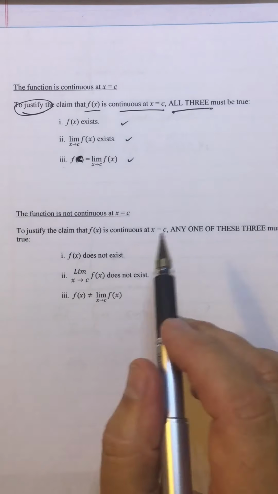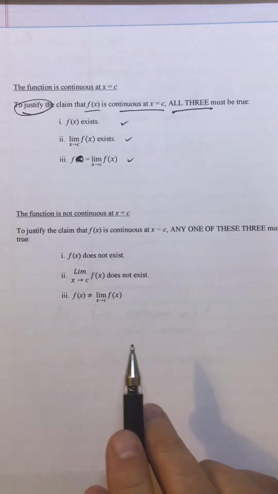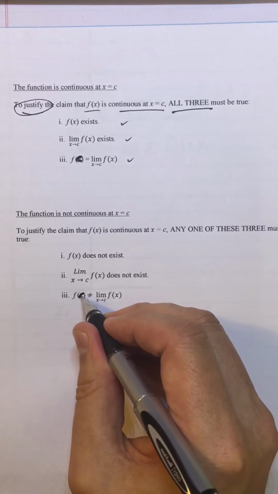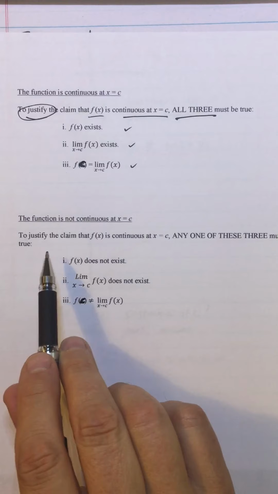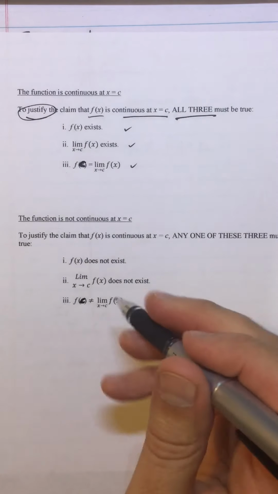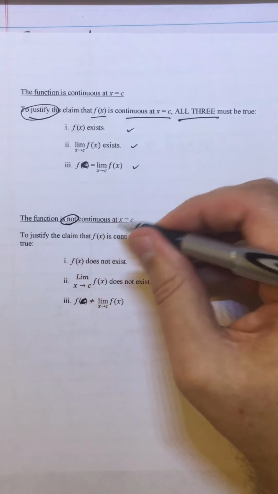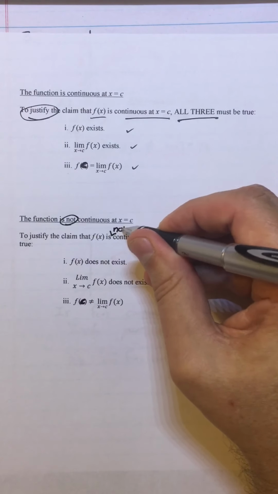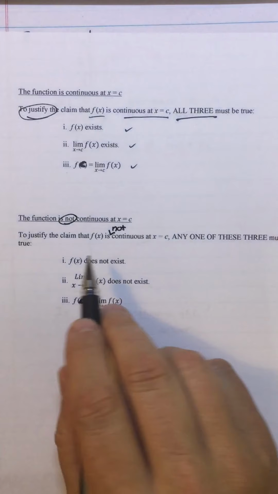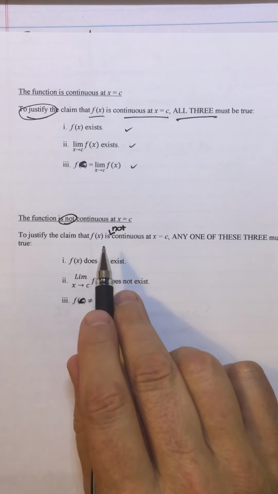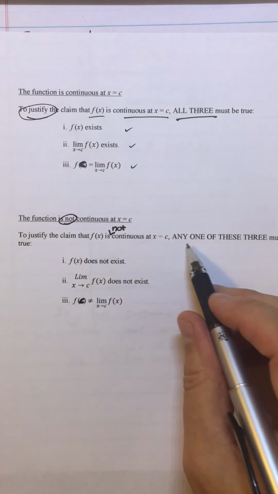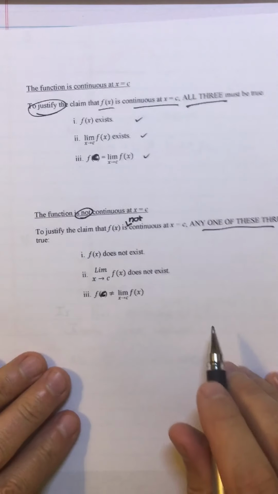All right, and then the function is not continuous at x equals c. This also is c. I just did a reprint on this, and I messed that up. So to justify that f of x is not continuous, these will be already corrected when you look at your sheet. To justify the claim that f of x is not continuous at x equals c, any one of these 3 must be true, right?